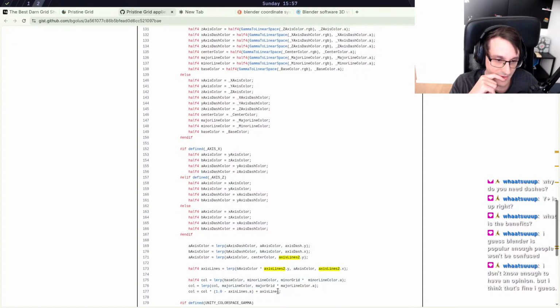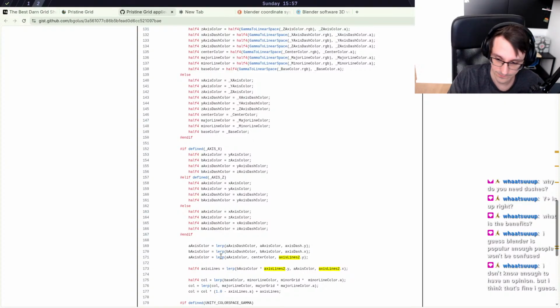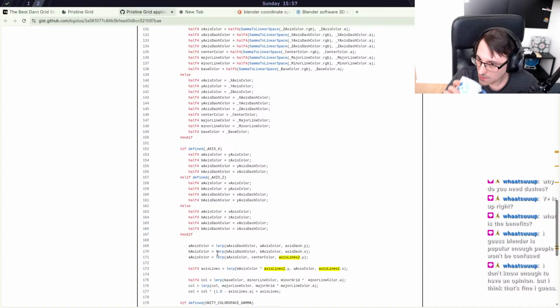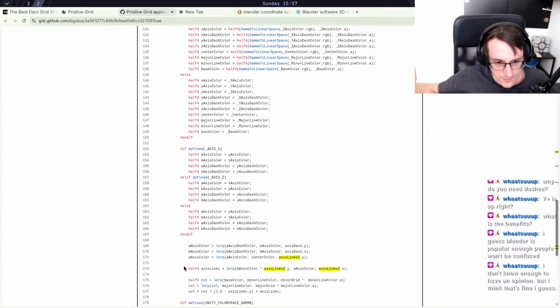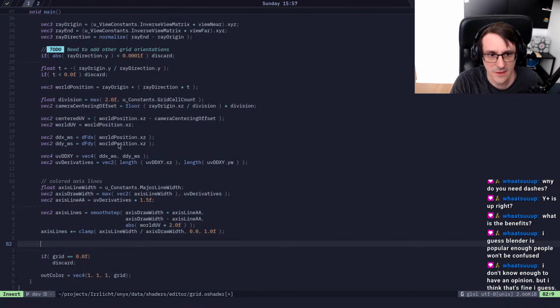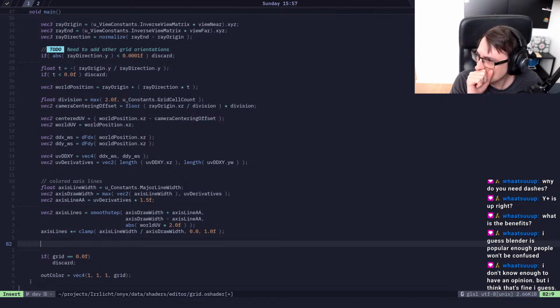And then he lerps here this color, right? Yeah. So I think we can't do just the grid lines. At least I think.